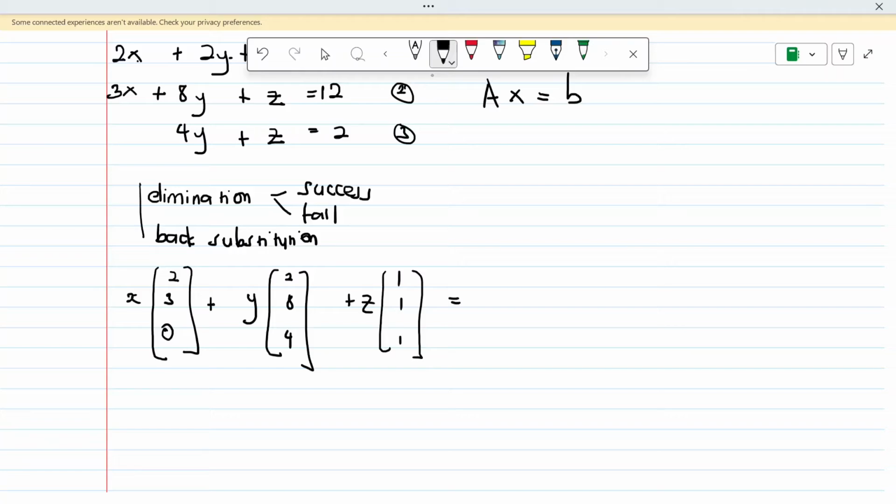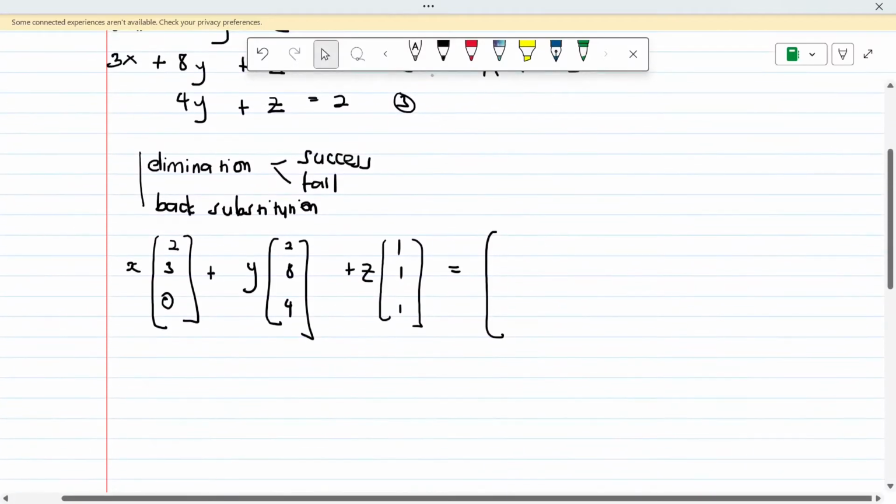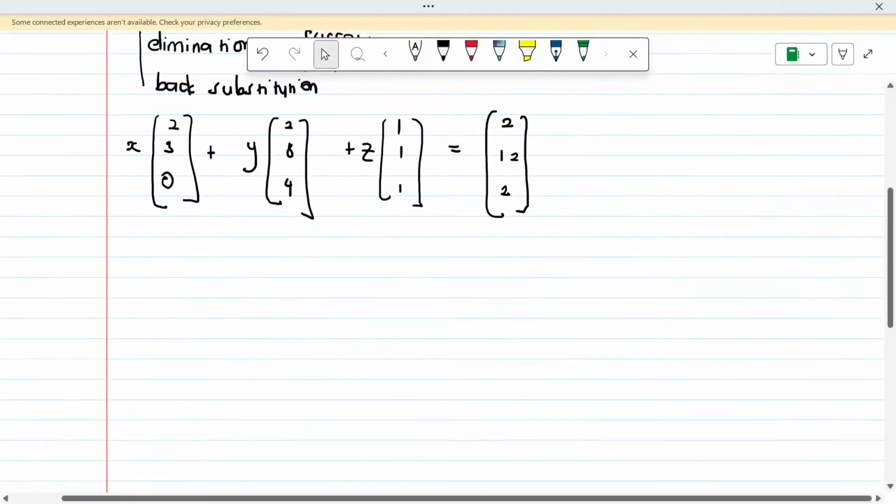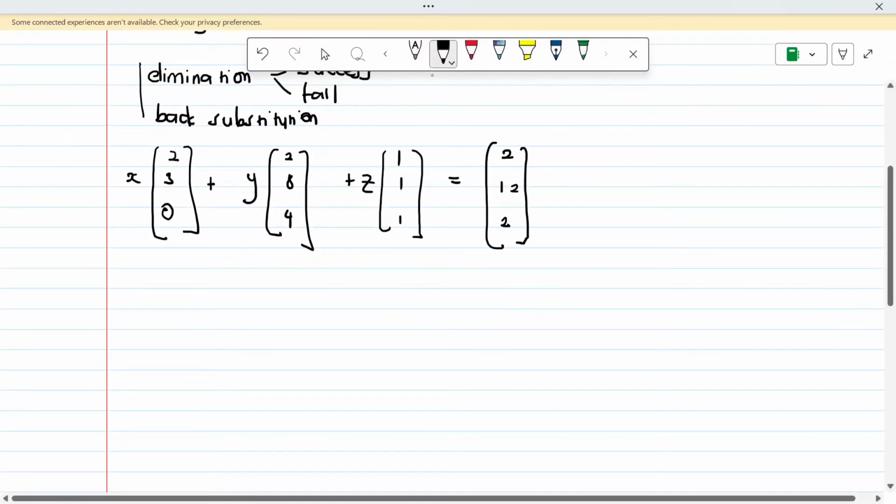Equals our right-hand side vector, which is 2, 12, and 2. This is our answer vector B.